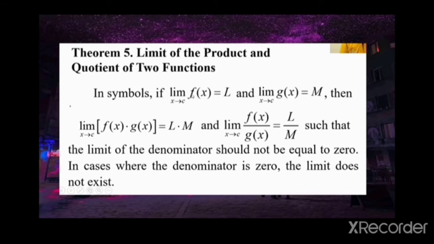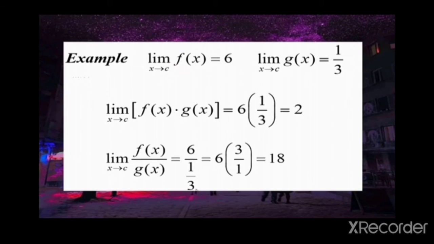So, to understand this theorem, let us have a simple example. The limit of f of x as x approaches c is equal to 6, and the limit of g of x as x approaches c is equal to 1/3. So, if you are asked to solve for the limit of the product of f of x times g of x as x approaches c, we just have to multiply their individual limits, 6 and 1/3.